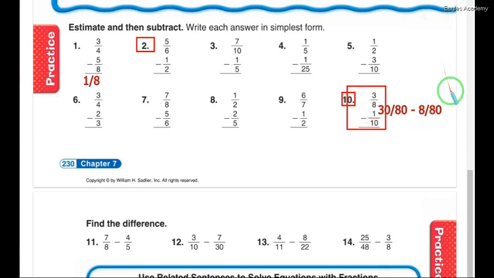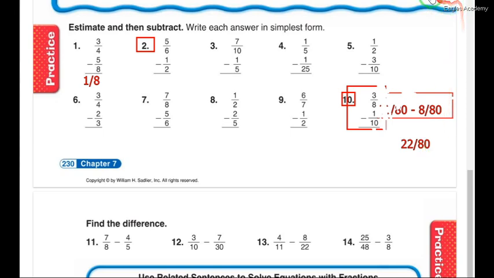They are the subtraction sentences. When you ask me to subtract 3 out of 8 minus 1 out of 10, they are the same. You can simply subtract them. Now we have 30 minus 8, the answer is 22 out of 80. So the final answer is 22 out of 80.